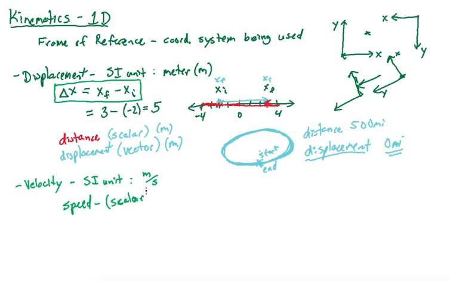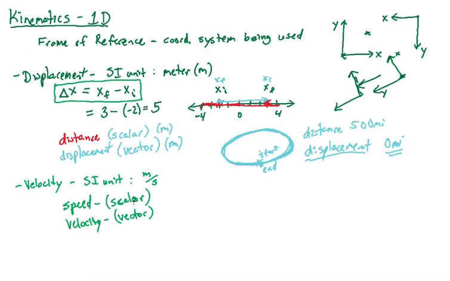Much like distance being the scalar version of displacement, speed is a scalar while velocity is a vector. That means velocity has not only a length, a size for how fast you're going, but it also has a direction. Speed, just a scalar, only tells you how fast you're going. So you have to be very careful about the difference between them.